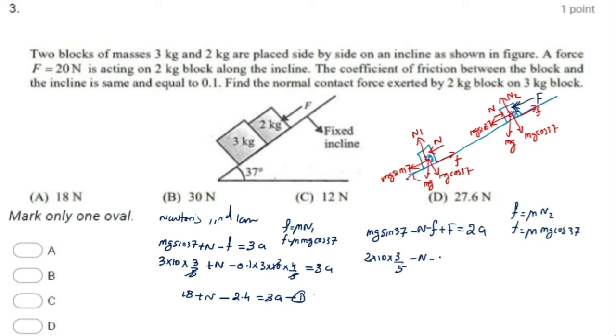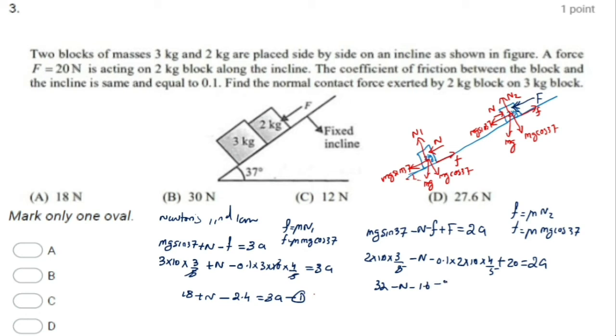So mu is 0.1, m is 2 kilogram, and g is 10, cos 37 is 4 by 5, plus F. What is F given there? F is given as 20 newton, which is equal to 2a. If you do this calculation, you will get 32 minus the normal reaction force minus what remains, 2 times 2 times 4, 4 into 4 is 16, 16 into 0.1 is 1.6.